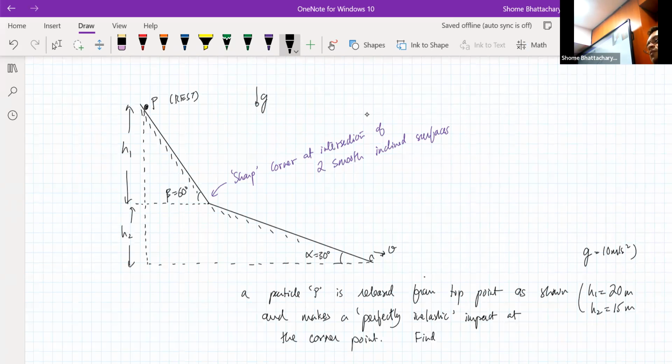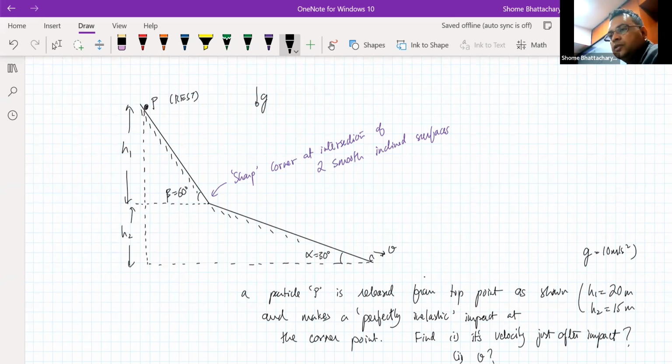Find its velocity just after impact, and the final velocity v, which is shown in the diagram, when it reaches the bottom of the second inclined plane.